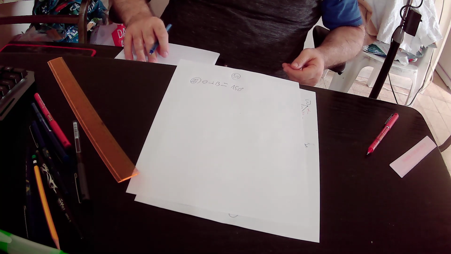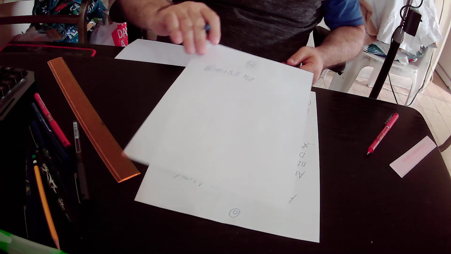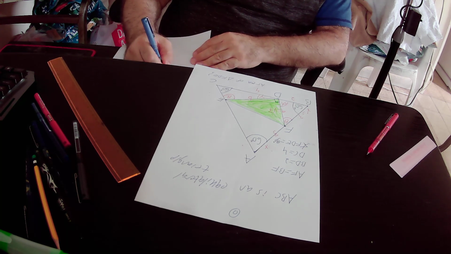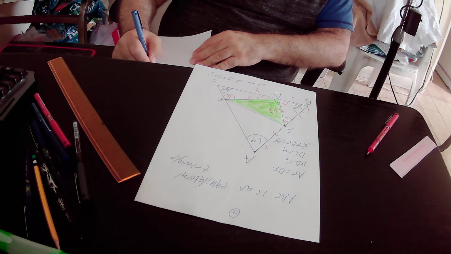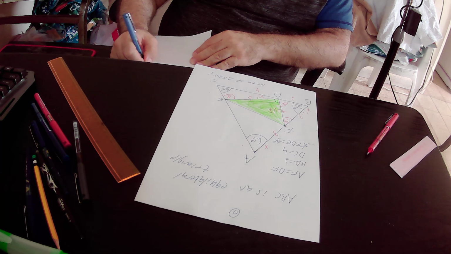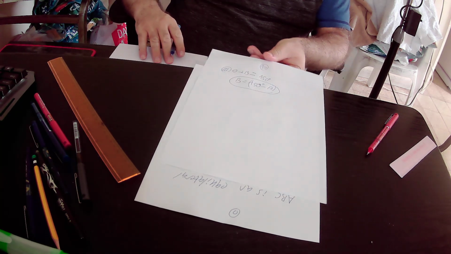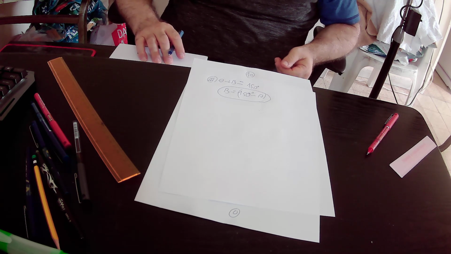In the next step, we'll subtract theta, and we will get that beta equals 150 degrees minus theta.